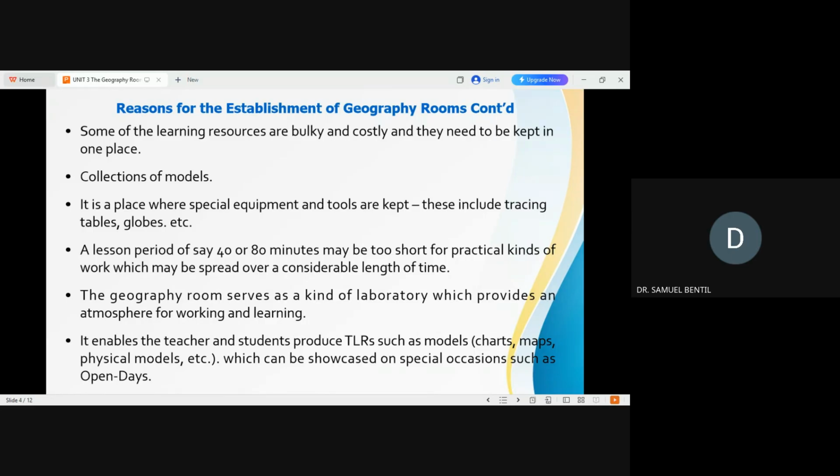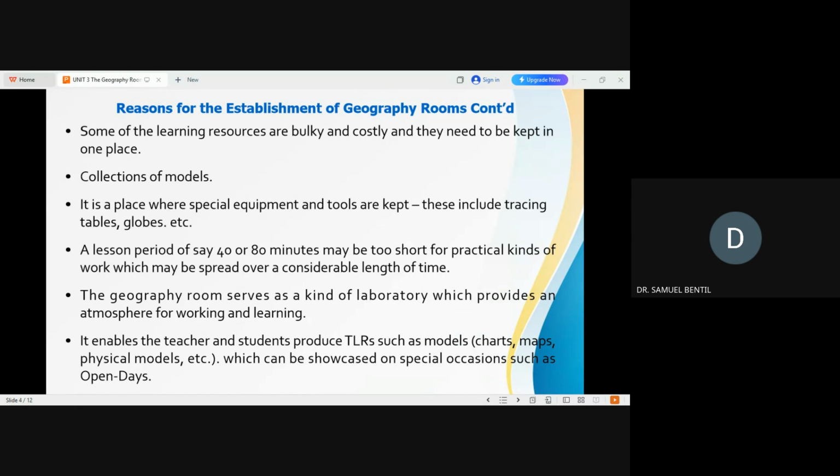So all these things must be in a geography room so that when students are doing modeling, illustrations, demonstrations, and all other things, they can utilize these things to get the best out of what they are supposed to have.